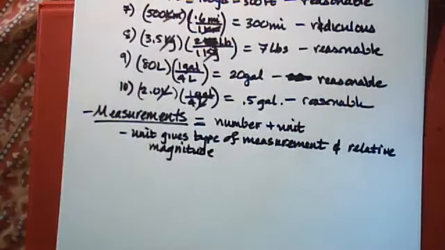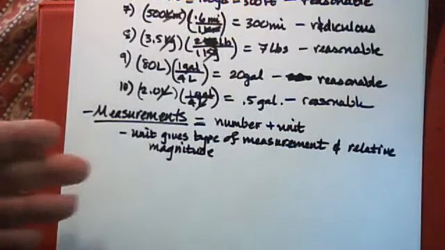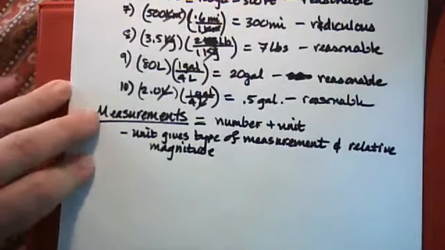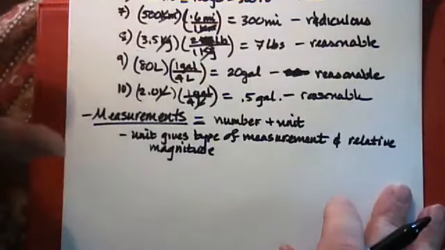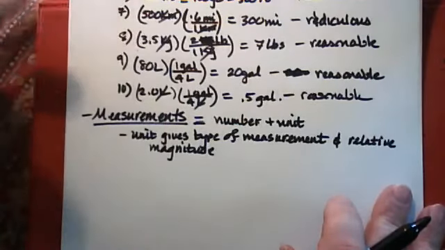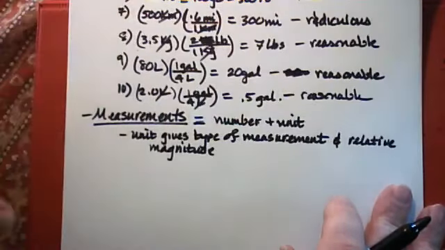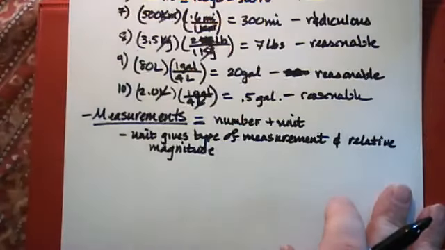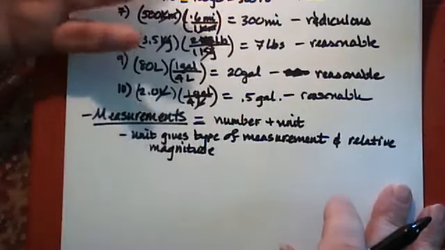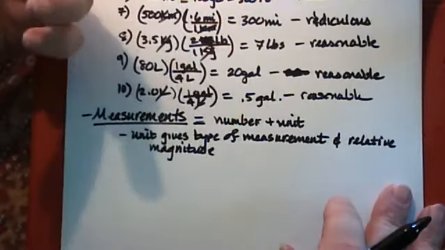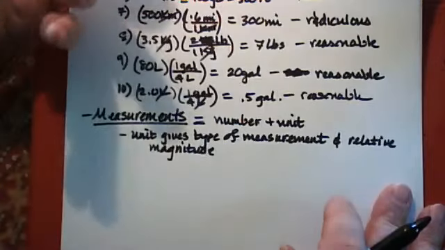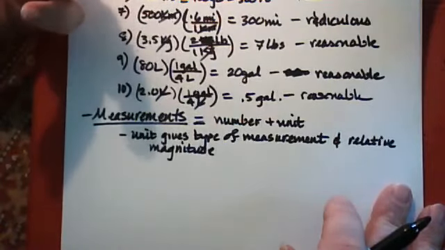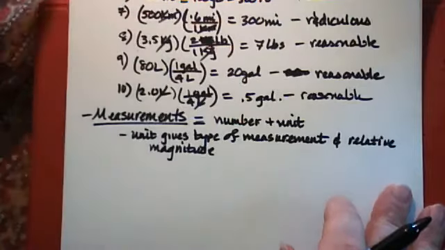So if you have a measurement that's in inches, then you can tell, first of all, that it's a length or a distance. And if it's done in inches, you can also tell that the size of the object is probably fairly small, because you're not going to be measuring really big objects in inches. It wouldn't make sense. You'd end up with a huge number. If you wanted to measure the length of the lot that your house sits on, you're going to probably do that in feet or yards, but not inches.